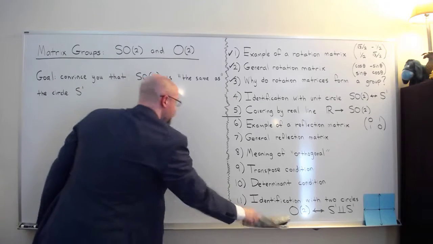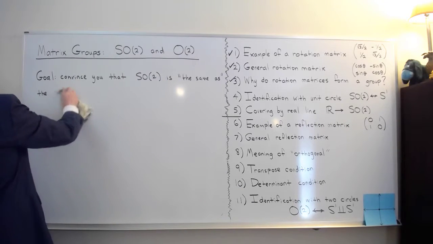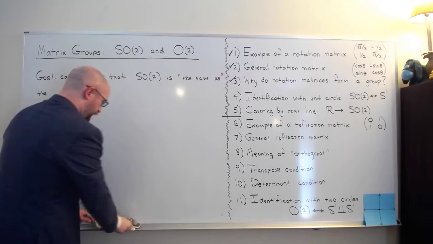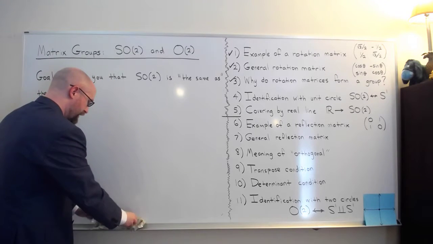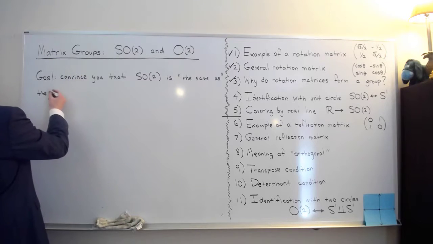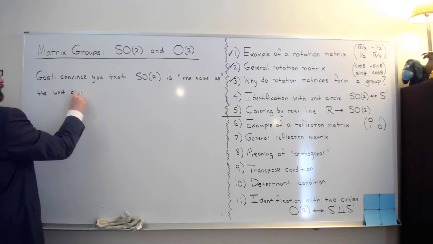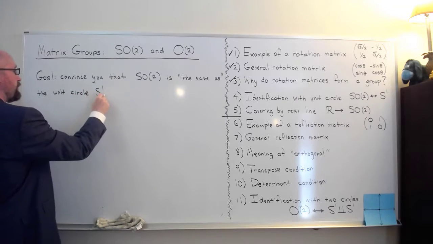I guess I will not leave out any words. I'll say unit circle, although you could identify it with any other circle you wanted as well. It doesn't really matter what size it is, but we'll just be specific and say the unit circle S1.